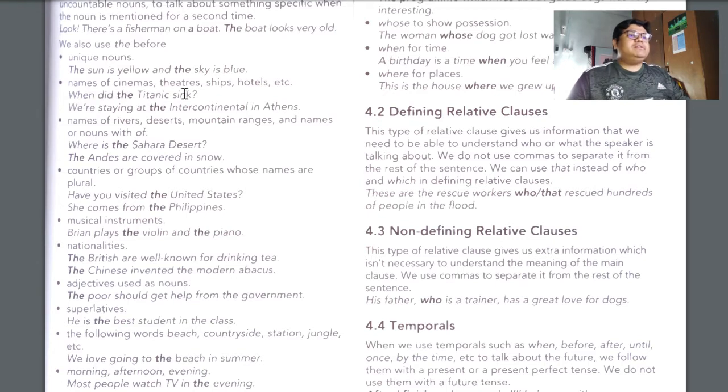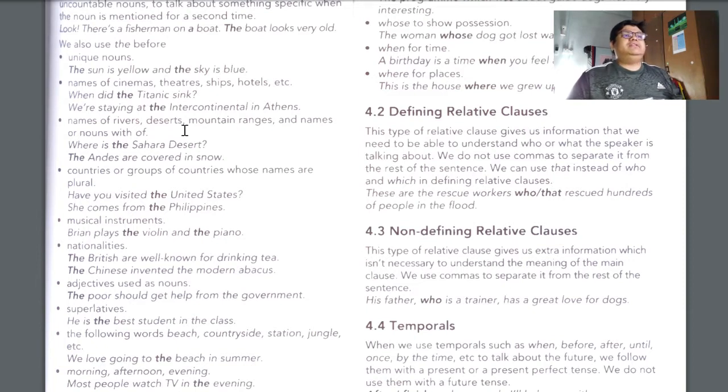Names of cinemas, theatres, ships, hotels. Okay, so kalau kata nama bangunan, okay, nama kapal, okay, nama panggung wayang, okay, nama kereta, okay, kita akan pakai the Proton Savvy contohnya.